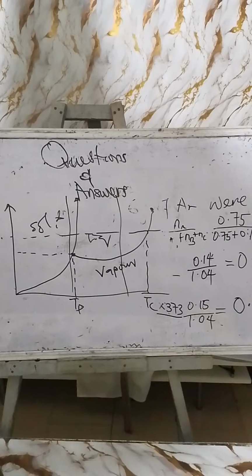So at high pressure, low temperature, this component will sublime. The next question is, what phase does Z exist at 298 K and 10 raised to power 5 Pascal?